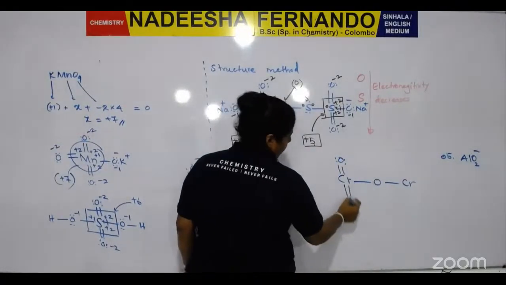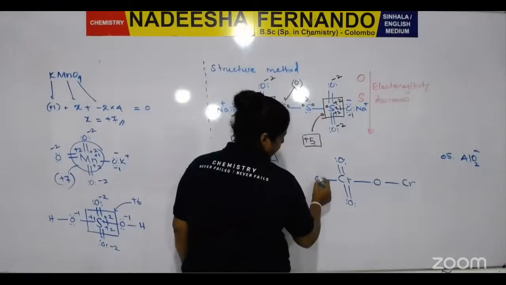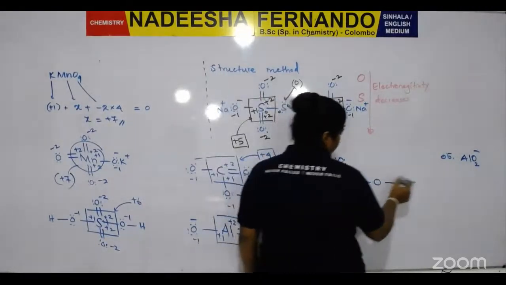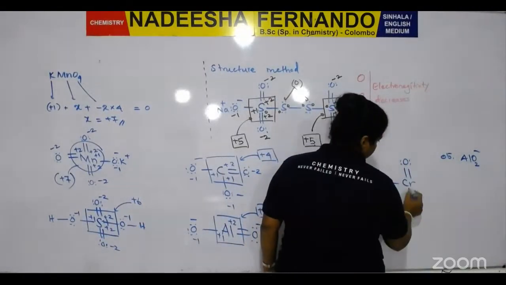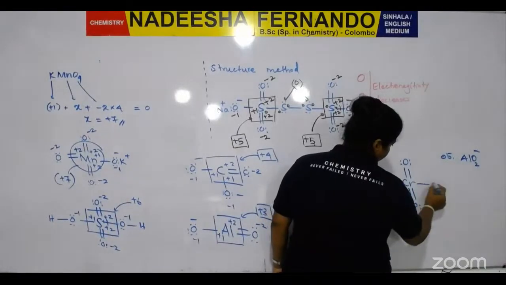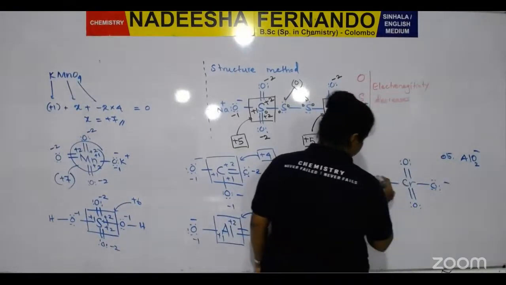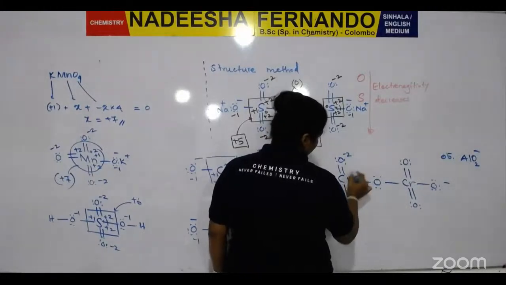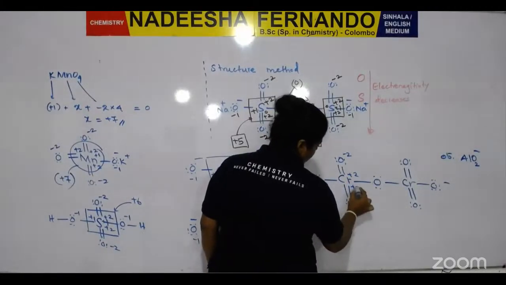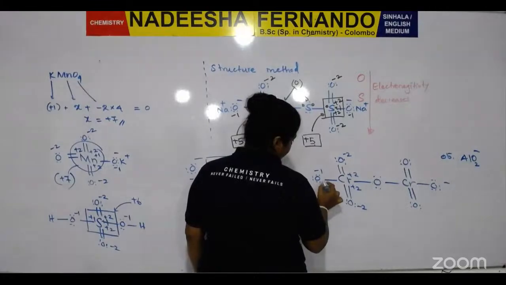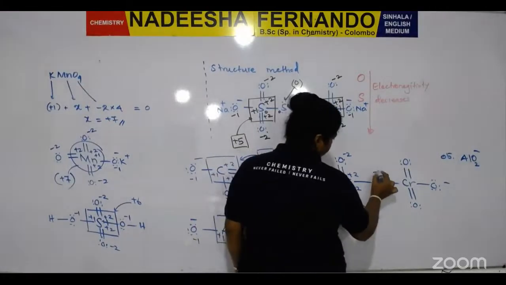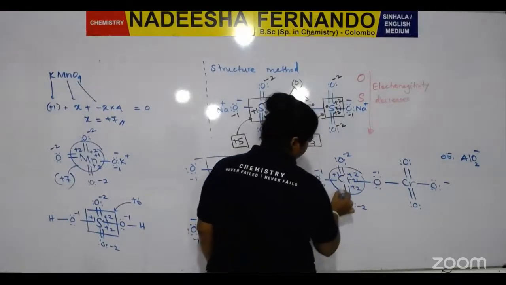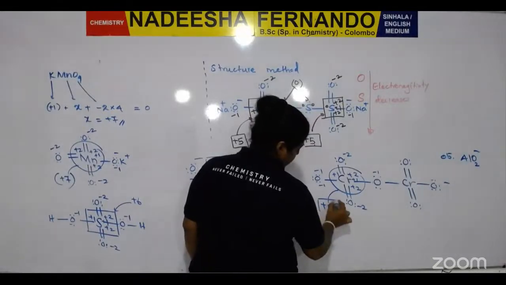Cr2O7. Then the remaining 6 oxygen atoms combine with the surrounding chromium atoms. Minus 2 plus 2, minus 2 plus 2, minus 1 plus 1, minus 1. So overall charge here is plus 6.